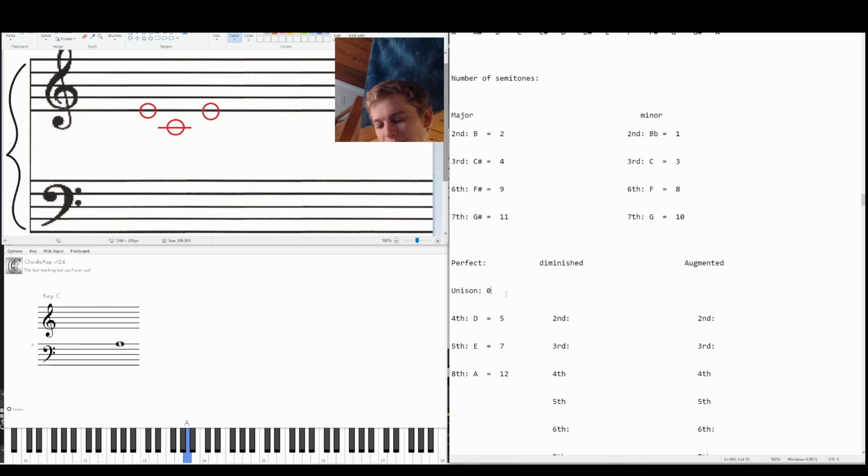Sadly, there are no 2 of the same exact A notes on a piano, so we're just going to imagine 2 of these being played at the same time. Next, if we go up 1 semitone, our next possible step up, we go from A, we land on B flat, 1 semitone up, now we have a minor second.